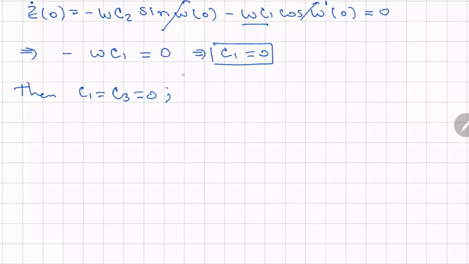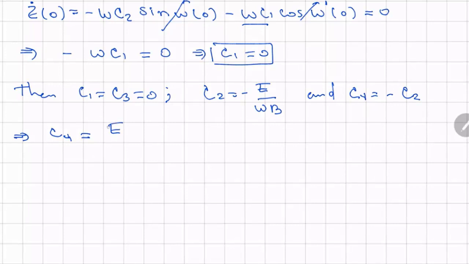We know that C2 is equal to minus E dividing wB, and C4 is equal to minus C2. So that means that C4 is equal to E dividing wB.